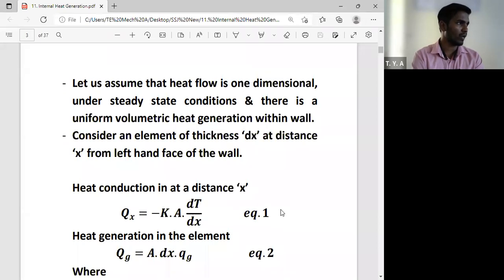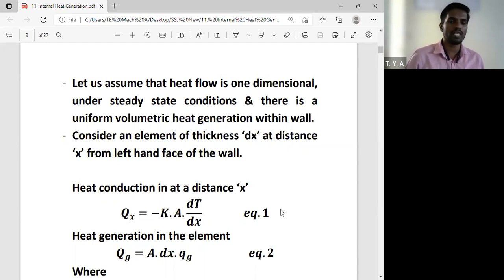Okay, so where we have calculated the value of capital A, capital B and capital C. Okay, so whatever the value of capital B is there, in that case we have calculated the value of qg. Okay, so in that way we have to write down the equation for the qg. Write down capital Qg is equal to volume into small qg, and for this plane wall what is the volume? Area into thickness. Okay, so area is capital A and thickness is dx.